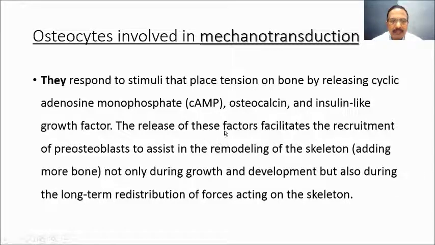All these release factors facilitate the recruitment of pre-osteoblasts to assist in the remodeling of the skeleton, bone growth and development, as well as when there is a long-term distribution of forces acting on the skeleton. All these bone liberating factors will influence the osteocytes for bone formation.